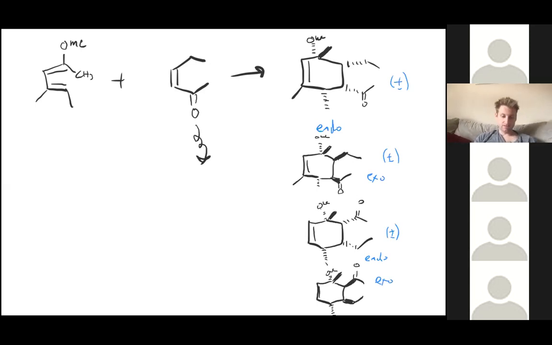Okay, and then taking a look at this, we can do resonance. So I push these electrons downward. Puts it on a position that's not attacking. We want to push it down again to the bottom of our molecule.